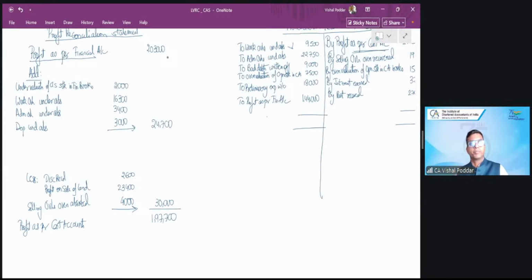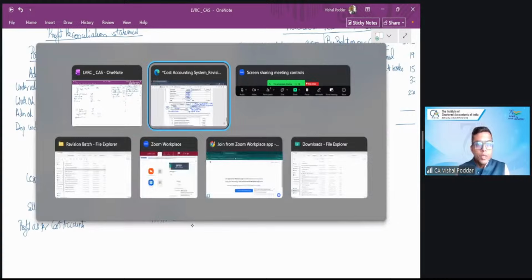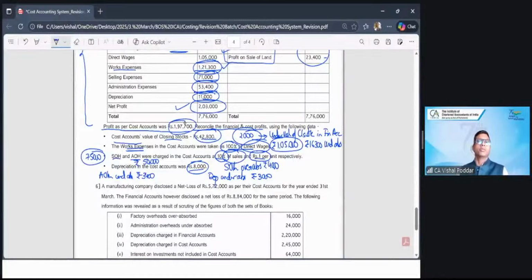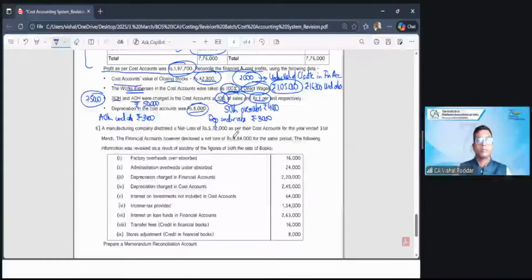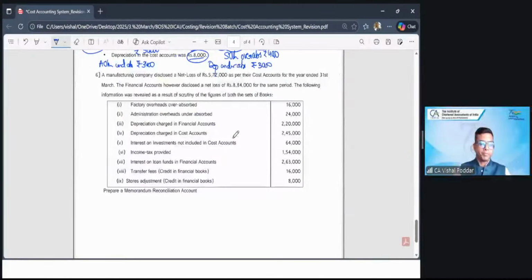Correct, students? We are given the same, yes. So it is coming to the same.